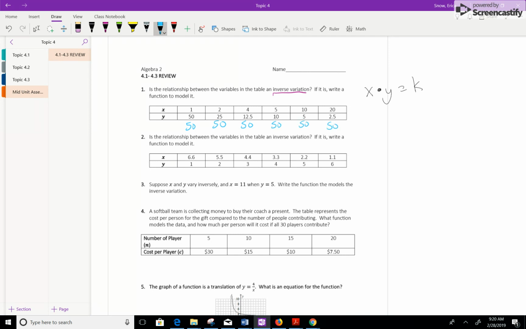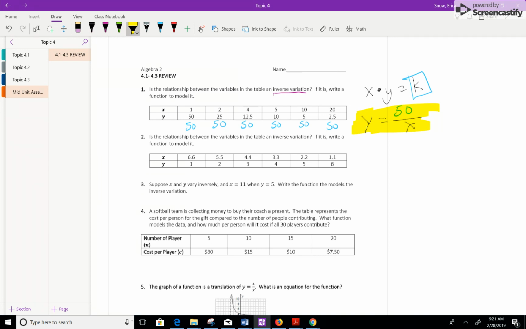So all of these are indeed 50. So that means that our k is 50. And the way that we write this equation is y equals k over x. So there is our final answer for number 1.